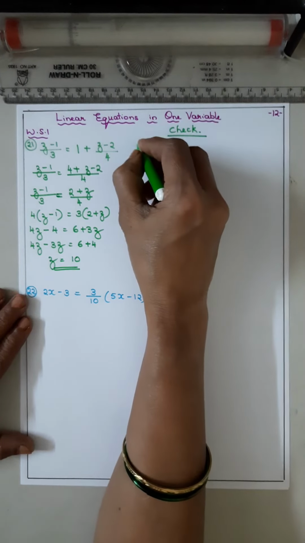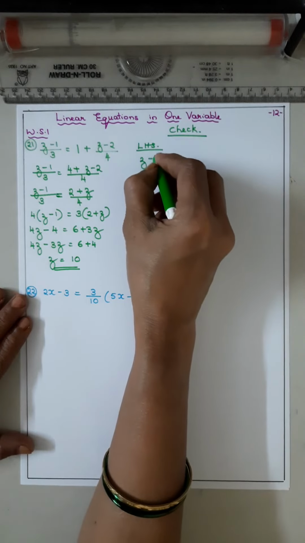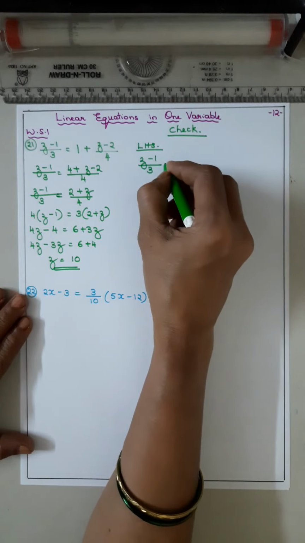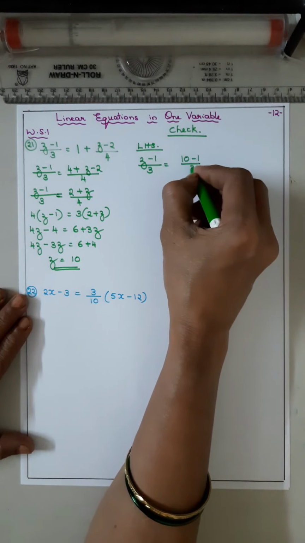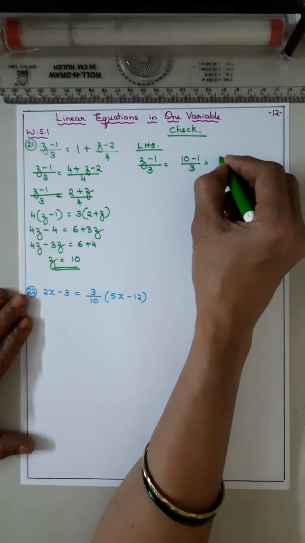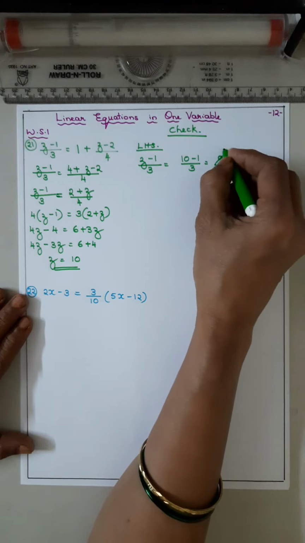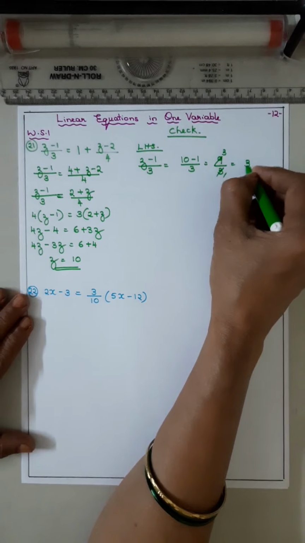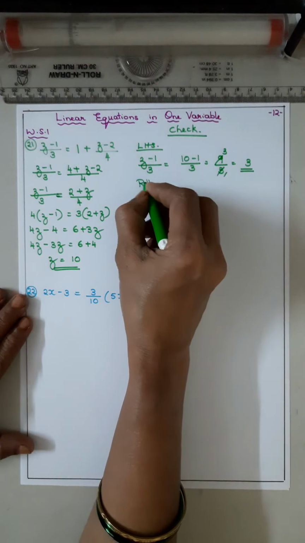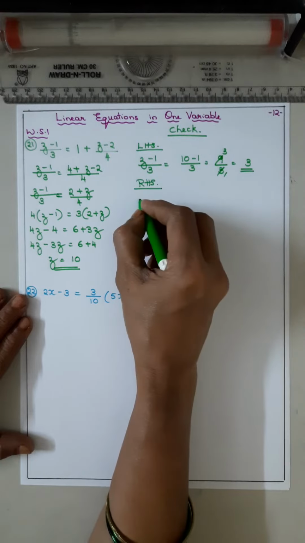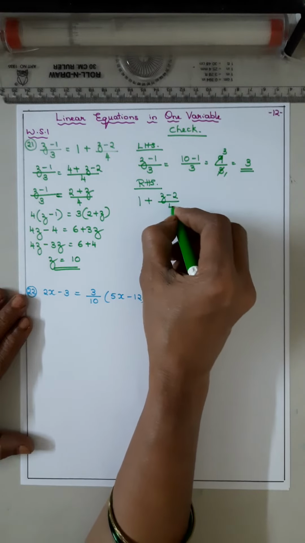It is LHS: (z minus 1) upon 3 is equal to (10 minus 1) upon 3. 10 minus 1 is 9 by 3. 3 1s are 3, 3 3s are 9, so you got 3 on LHS. Now coming to RHS: 1 plus (z minus 2) by 4.